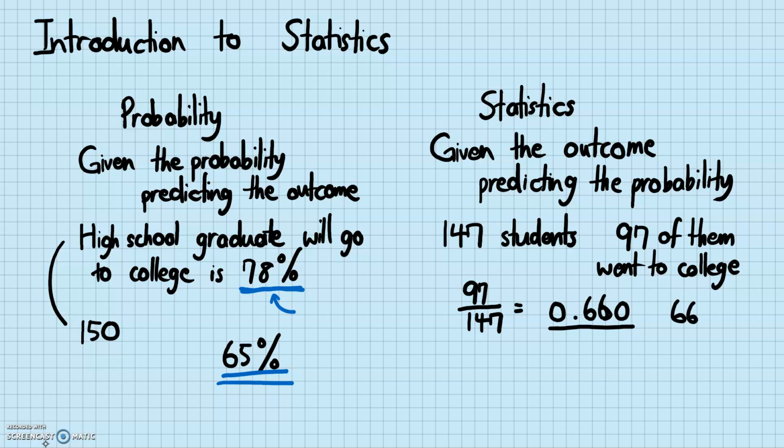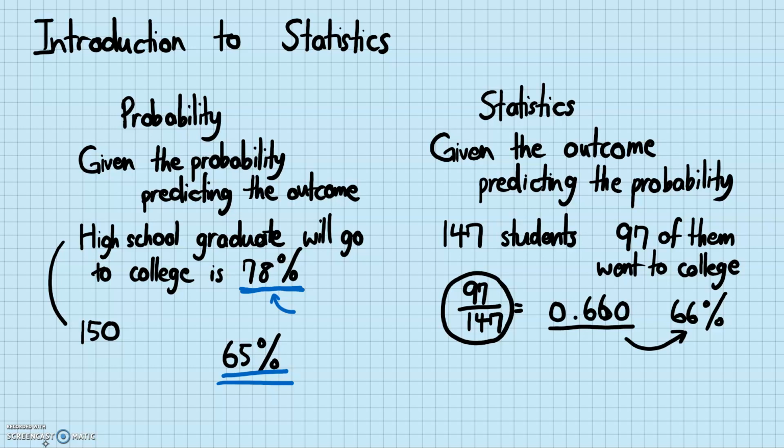So about 66% of the high school graduates will go to college based on our last year's data. So this is what statistics does. It's given the data and we're predicting the probability.